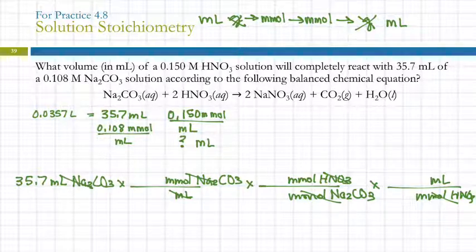So the first one is the molarity of the sodium carbonate solution. So 0.108 moles per liter or millimoles per milliliter. The last one is the concentration of the HNO3. Millimoles are on the bottom, so the number goes on the bottom, 150, and milliliters on top. Usually in the middle we had moles to moles, here we got millimoles to millimoles. The ratio is the same. It's the coefficients from the equation. There's a 1 in front of sodium carbonate and a 2 in front of HNO3.